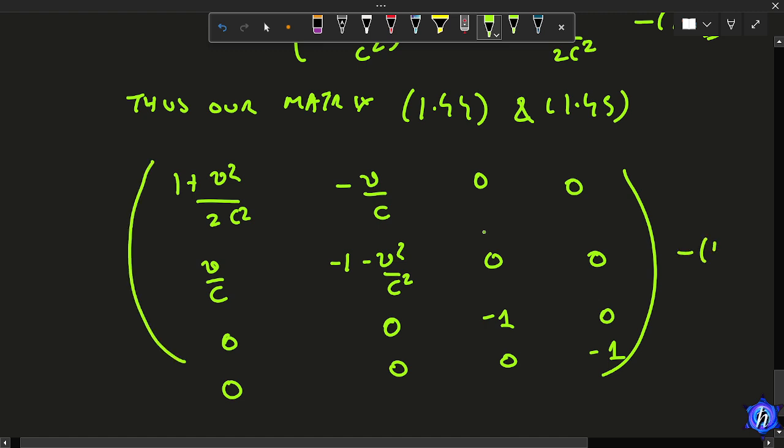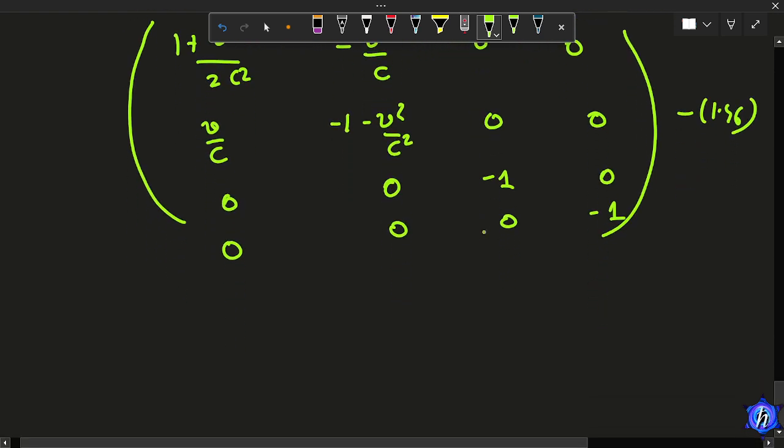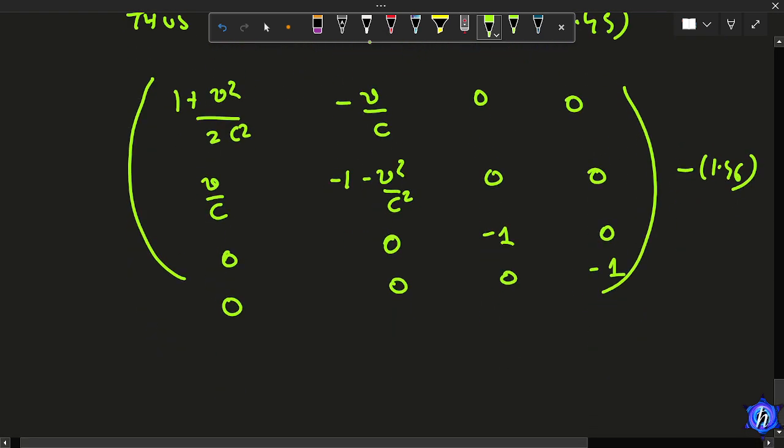This is equation 1.46. This particular matrix can be split into two different matrices. You can see how, right? You see this, this, this, this, and this too, second term, second term.